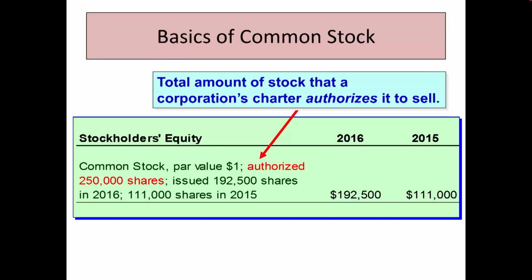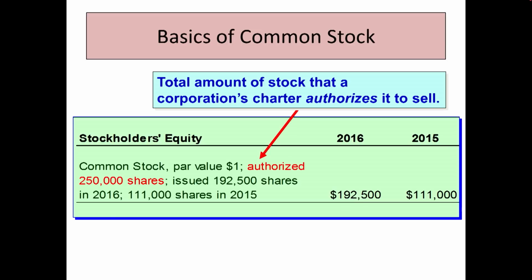Now let's talk about some of the basics of common stock. This is a partial stockholders' equity section of a balance sheet. And this is the common stock of a company. We'll talk about the par value here in a minute. But it says that they have been authorized to sell 250,000 shares.